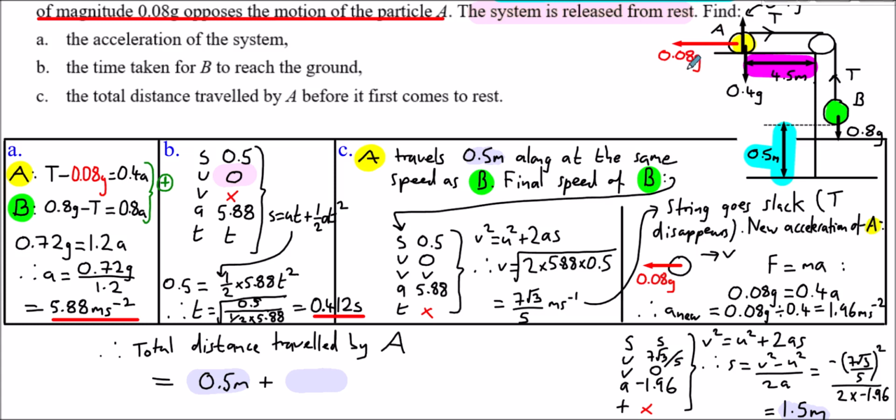We worked out the displacement it travels after B has hit the ground, and that displacement s was 1.5. So 0.5 plus a further 1.5, the total distance it travels before coming to rest is 2 meters.